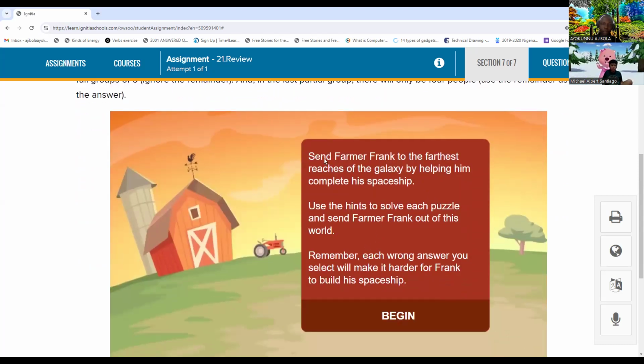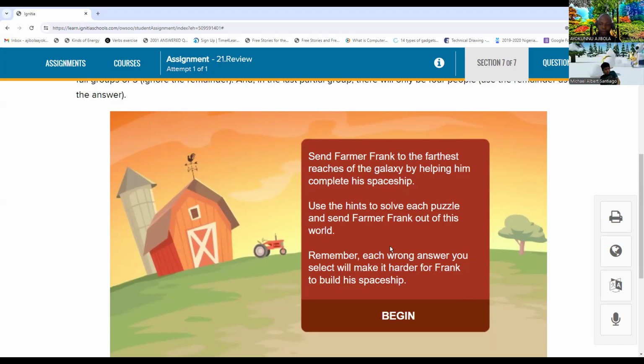Now read this, Miggy. Send Farmer Frank from the forest out of the galaxy by helping him complete the spaceship. Use the things to solve each puzzle and send Frank out of this world.